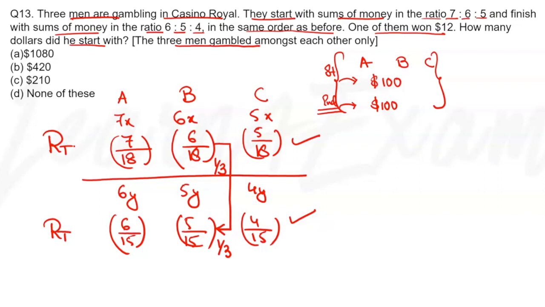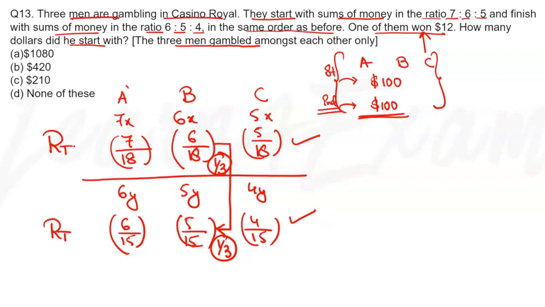So that means if one person wins $12, the other person has to lose $12 because B here is neither losing nor winning. Right? Because he is having the same ratio of the total amount. And I've already said that the total amount remains the same, so the ratio of the total amount is also going to remain the same.